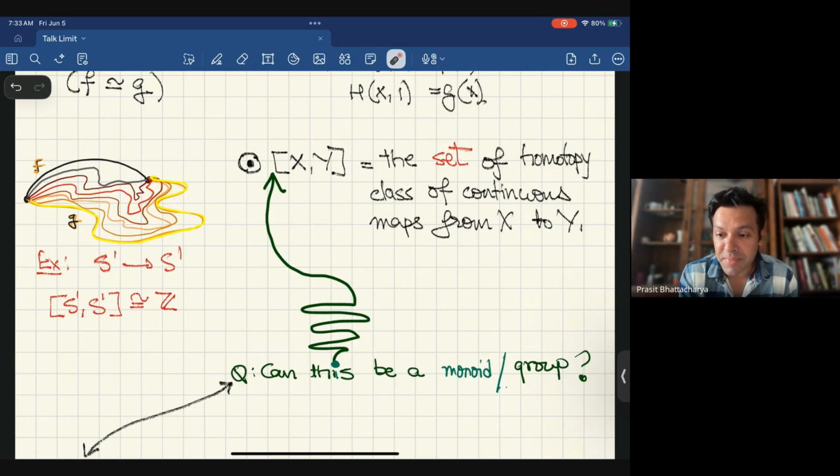Because this is the question that's going to lead us to the main topic, and let us see how homotopy is going to meet algebra. So this is the prime question of this talk.